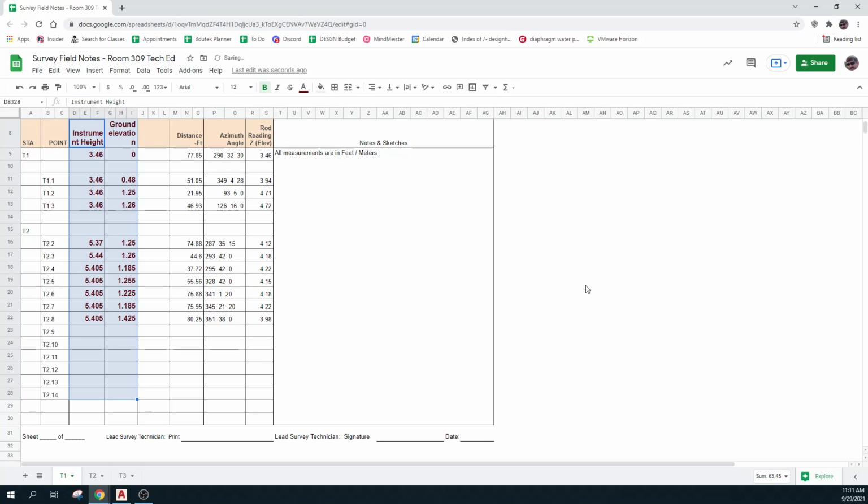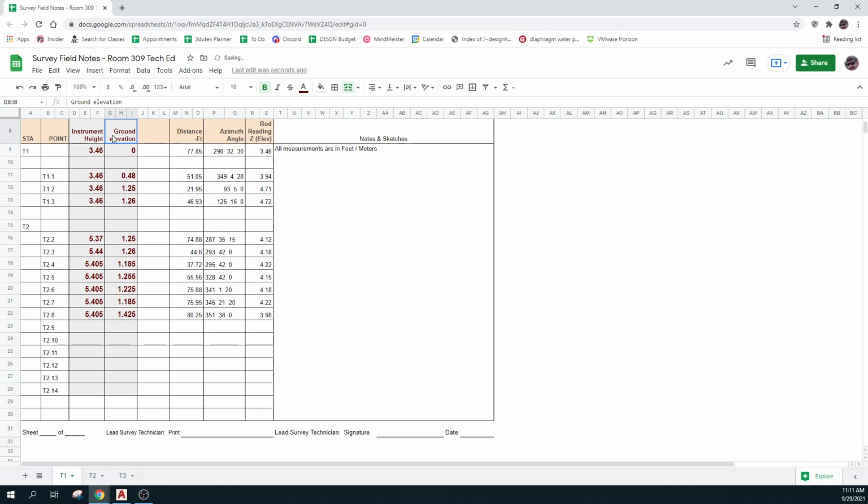And I'll make them a little bit bigger. There we go. So these ones are all calculations. And so we are interested in the instrument height. I'll make that one back smaller so it fits. Okay. And we're interested in the ground elevation from these readings. So we know that the ground elevation was 0 on that first point.